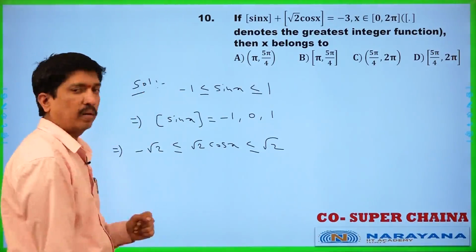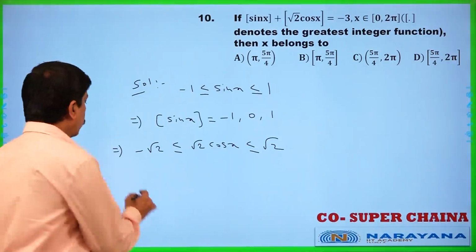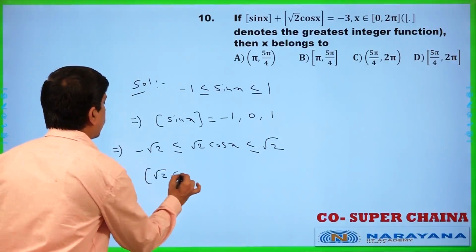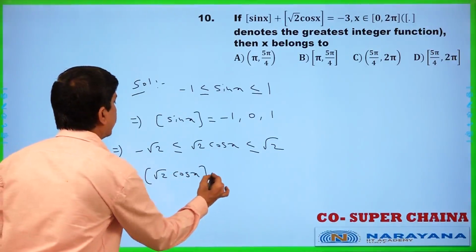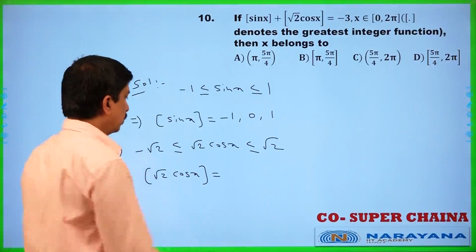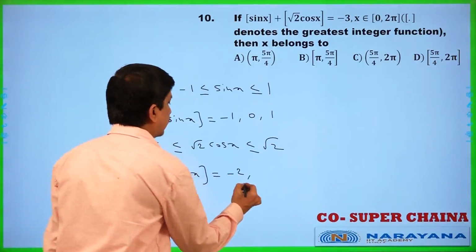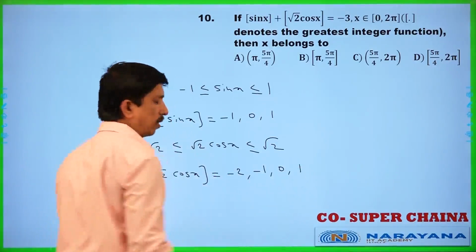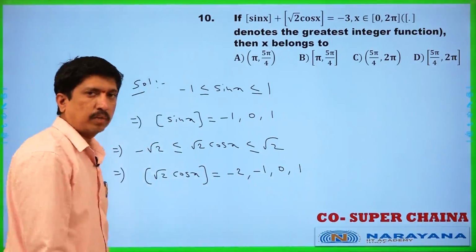But [root 2 cos x], what values will you get? [root 2 cos x] values: minus 2, integers we can take, minus 1, 0, that is 1. These are the possible values only.